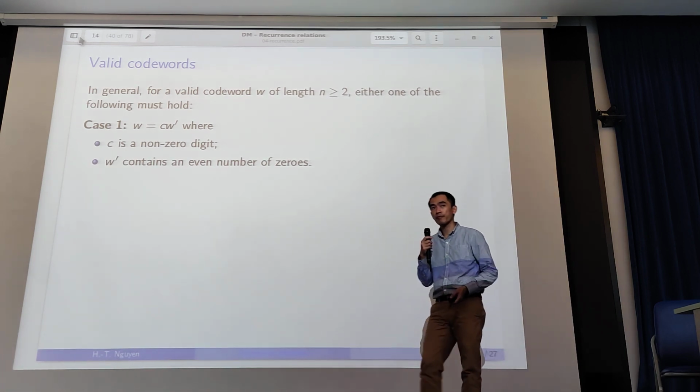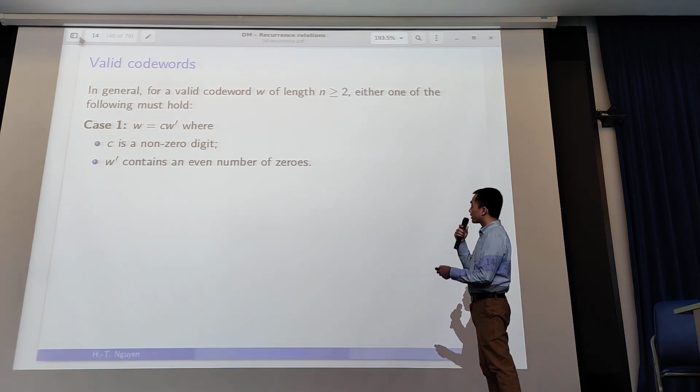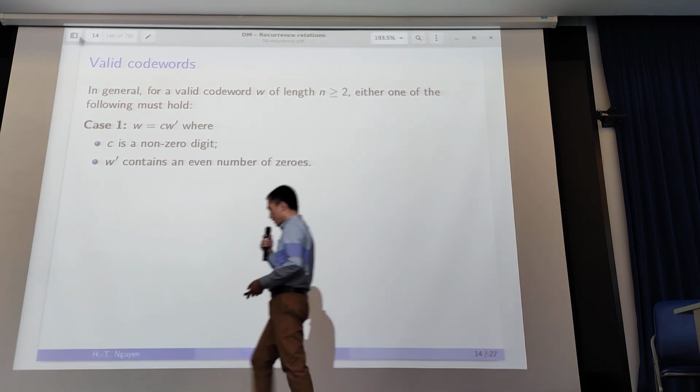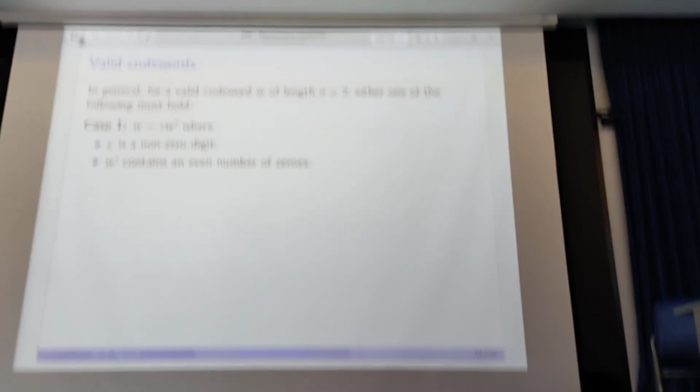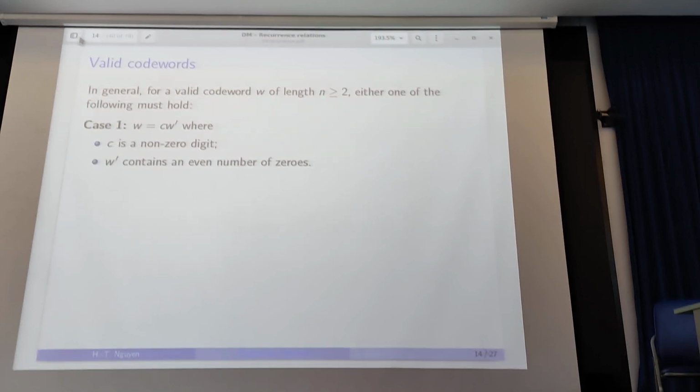So in order to construct a code word of this type, we can first choose a letter C. Now you have C and then W prime here. So C has the values from 1 to 9 because it is not 0.